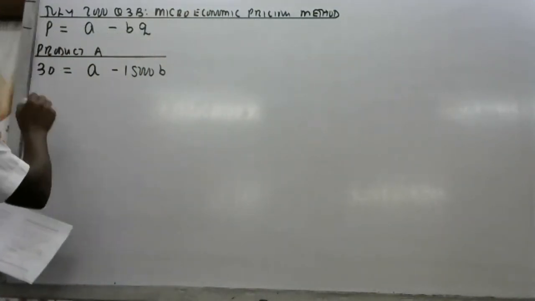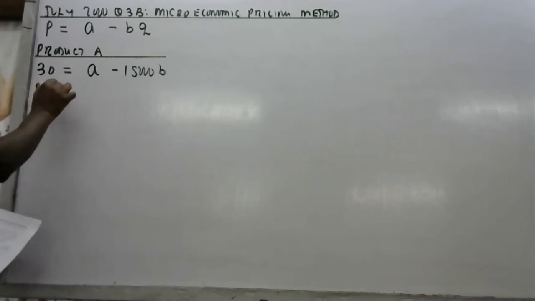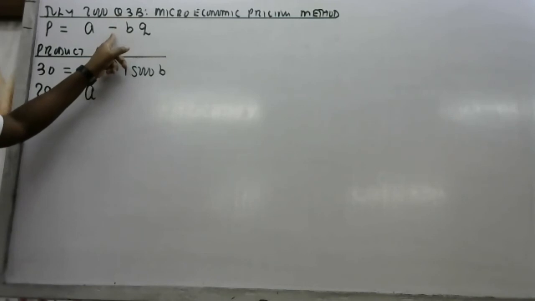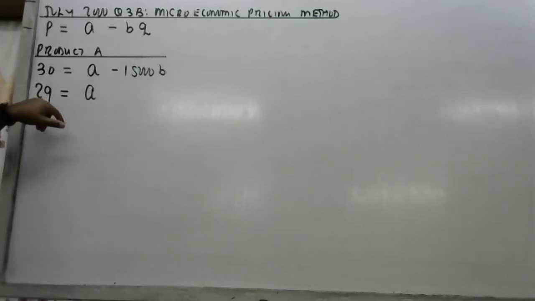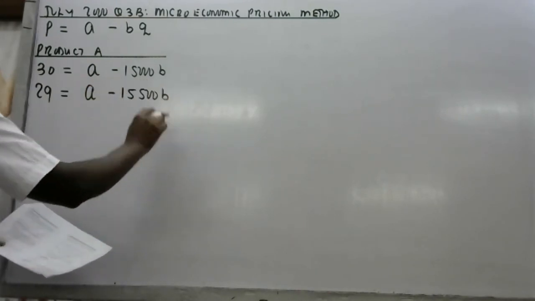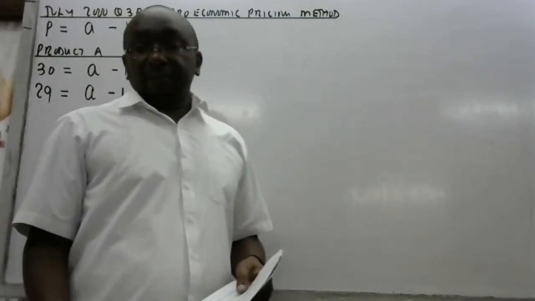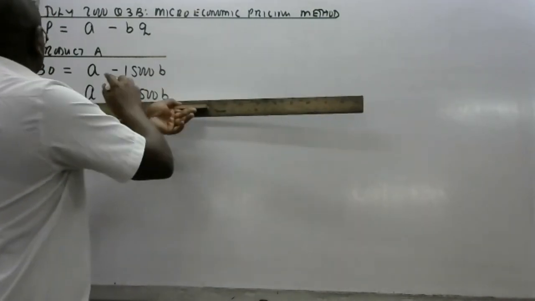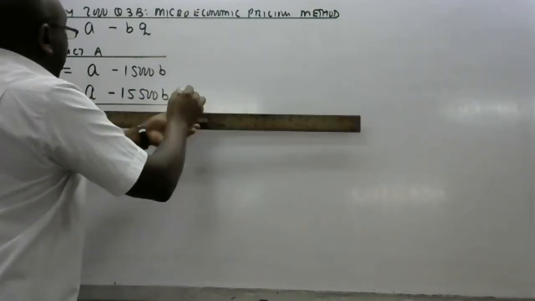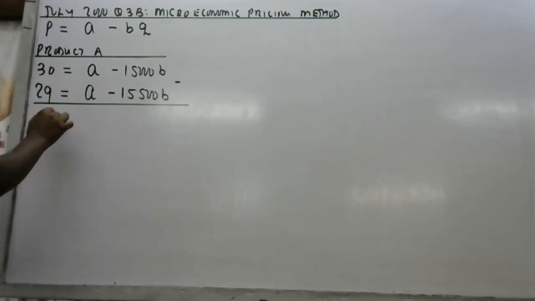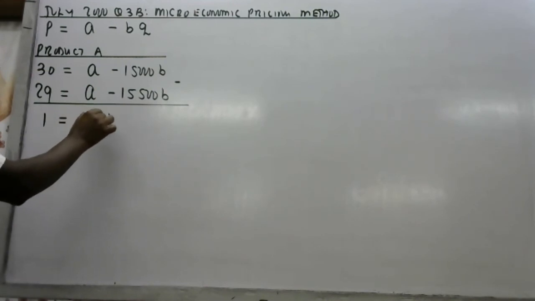So let's reduce this to 29. Because you can see the relationship is inverse, when you reduce the price, demand goes up. So we are going to have A minus 15,500 B. That's the first thing. Demand will go up. So let's try to solve this. Now, trying to solve this, you subtract, and you get 1 is equal to 500 B.